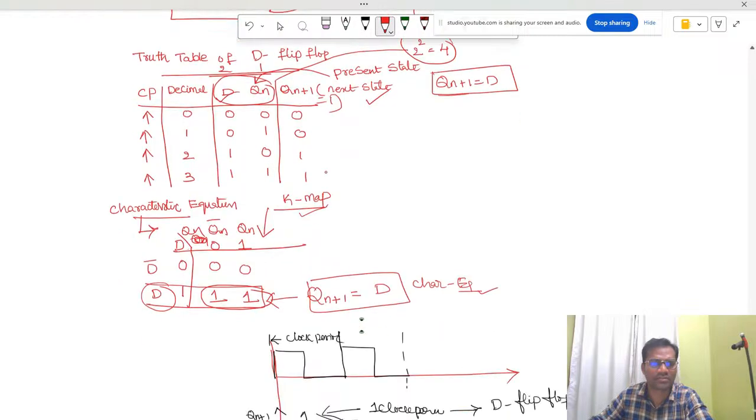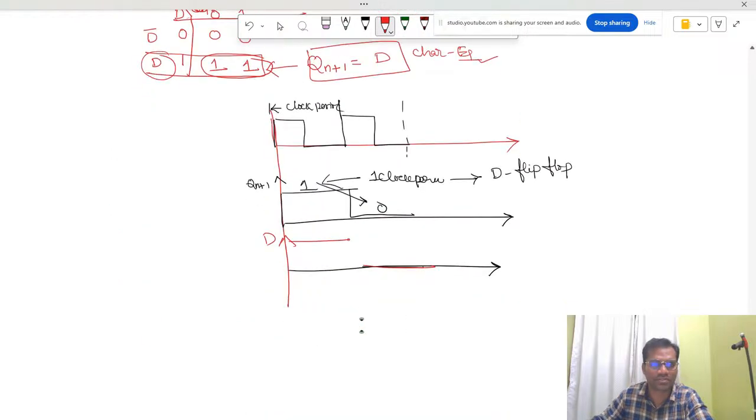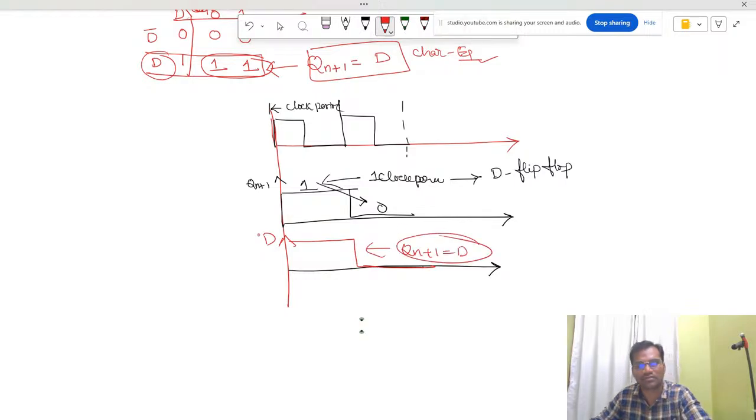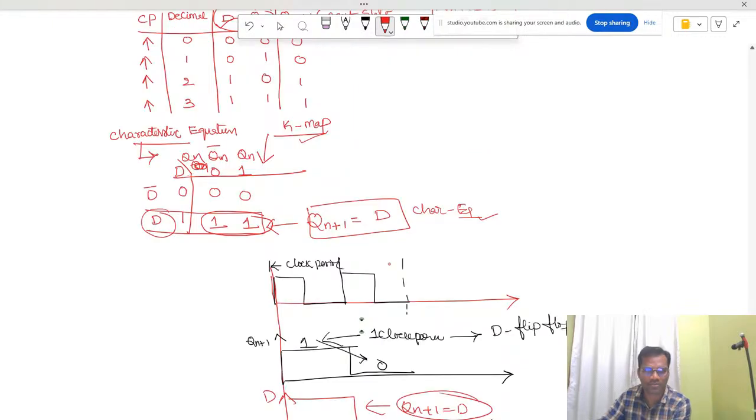When you draw the output, this will be similar to your Qn plus 1, which is nothing but Qn plus 1 is equal to D. So that's why it's called a delay flip-flop. Hope you're able to understand.